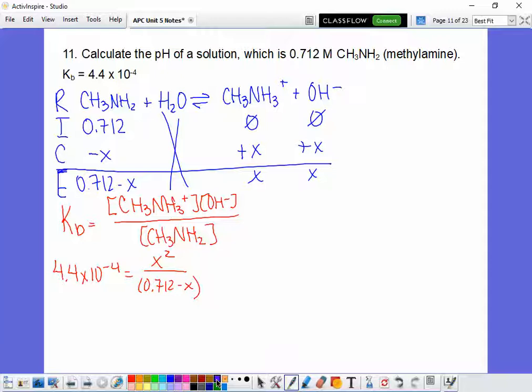So little, in fact, that this minus x oftentimes can be omitted, can be negligible. Meaning, because we're starting off with 0.712, if it's dissociating less than 5%, the amount that it's dissociating is so small that your equilibrium concentration is going to be barely different from your initial, so it's not going to affect the overall math.